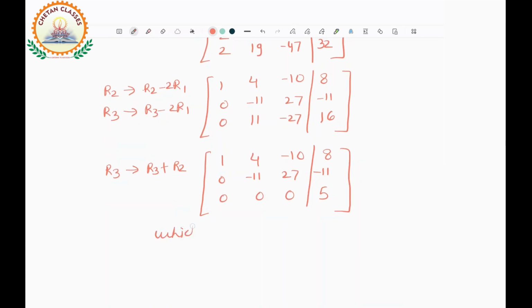So this is an echelon form. See this augmented matrix: the rank of matrix A is 2 and the rank of the augmented matrix is 3.